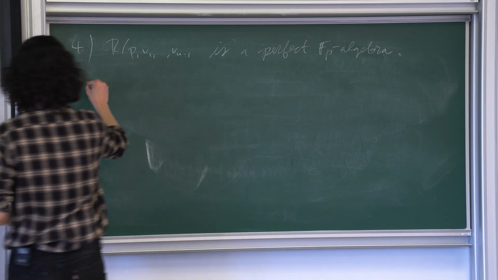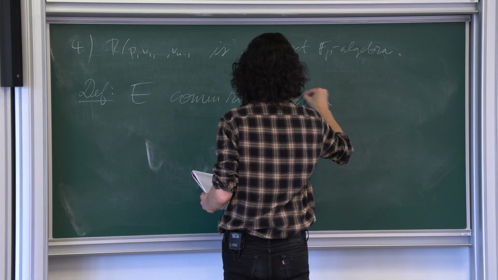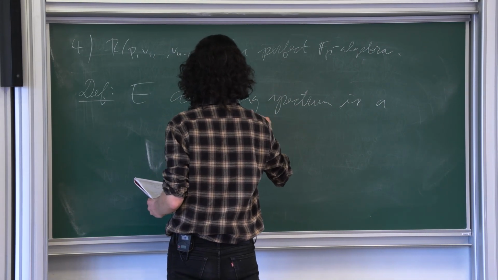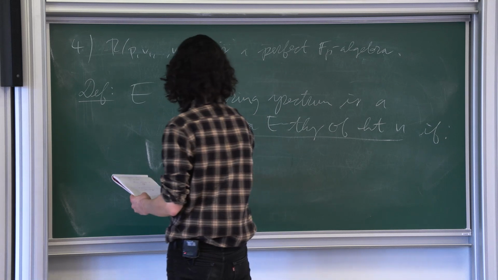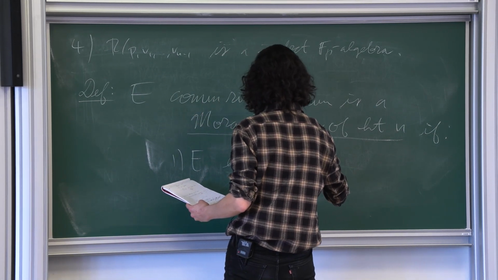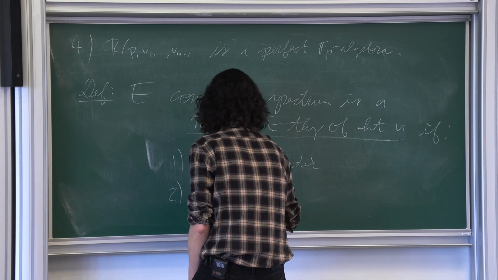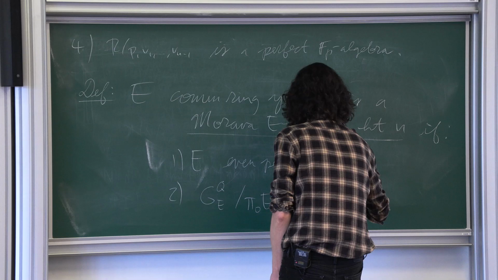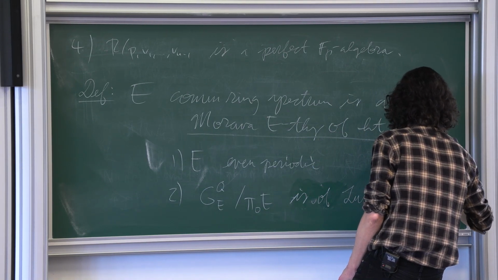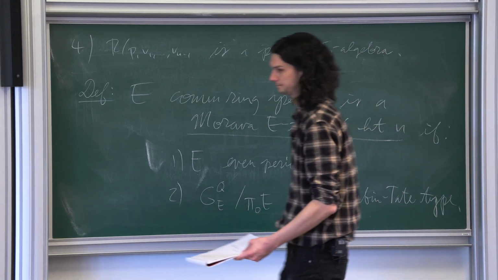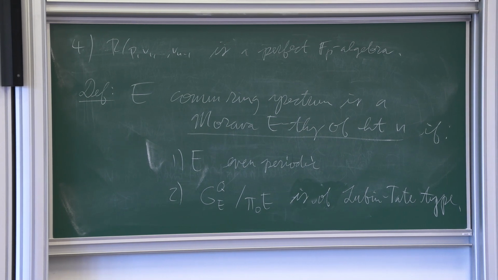Okay, and then I'll say, definition: E, a commutative ring spectrum, is a Morava E-theory of height n if, first of all, E is even periodic, and the second condition is that the Quillen formal group over pi_0 of E is of Lubin-Tate type. That was this definition here.